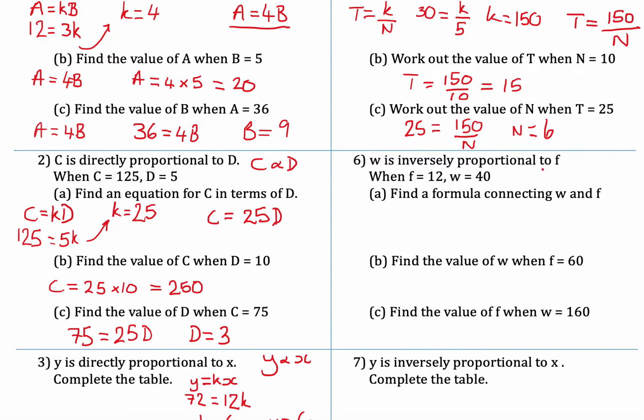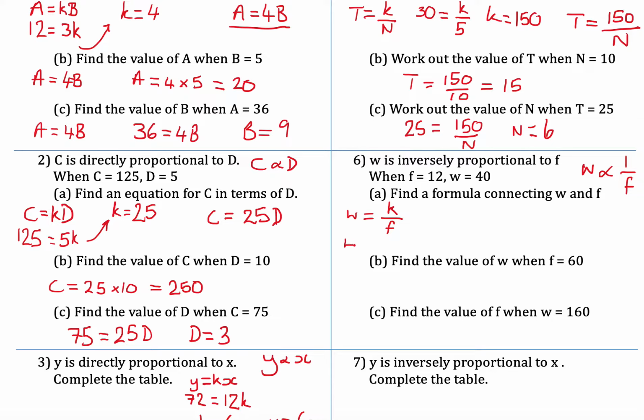Okay, number 6. W is inversely proportional to F, so W fish 1 over F. Try and use the same lowercase or uppercase letters you're given in the question. Right, and we can change that fish to an equals K. And that K can go straight over the top in place of the 1. And we're ready to substitute.